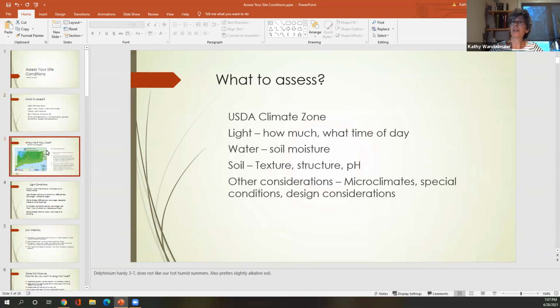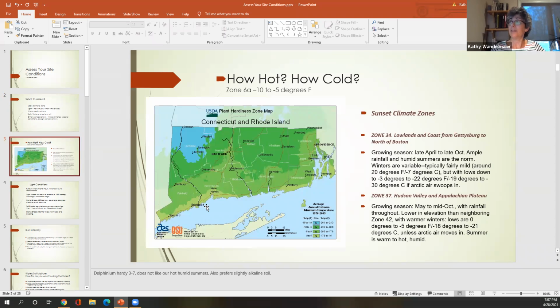Okay, let's go back to climate zone. So here we are in Connecticut, and Connecticut has 3 zones. Down here at the shore, you will see a little bit of zone 7 because the water has a very moderating effect on the temperature, so you don't quite get as cold.